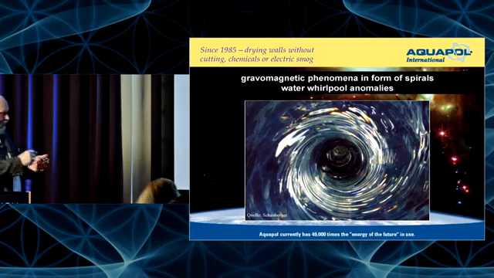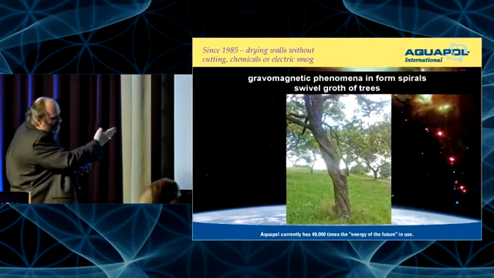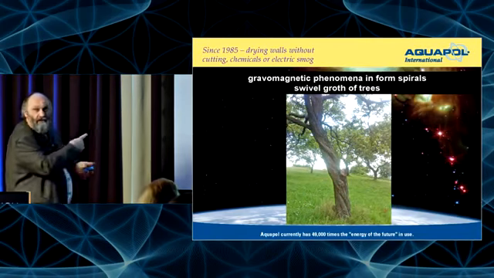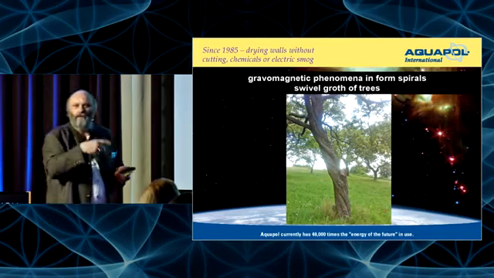So, here's another example, this swivel growth of trees. Have you seen that in nature? Some of you? Yeah? So, why does it grow one way, or why the other way? When you do a measurement at that point, you will find there is this gravomagnetic energy from the Earth.